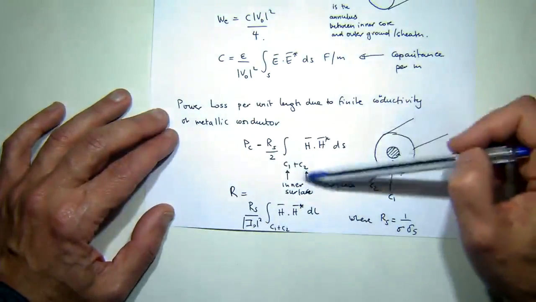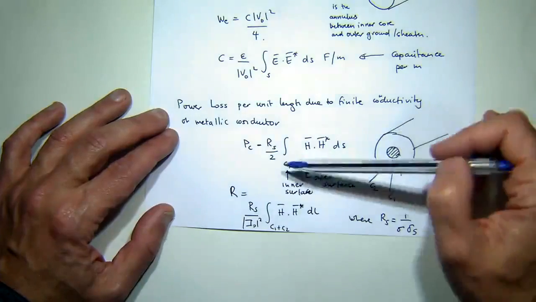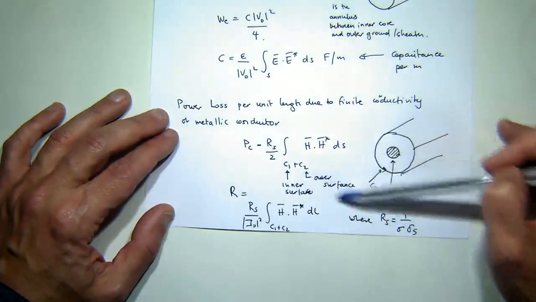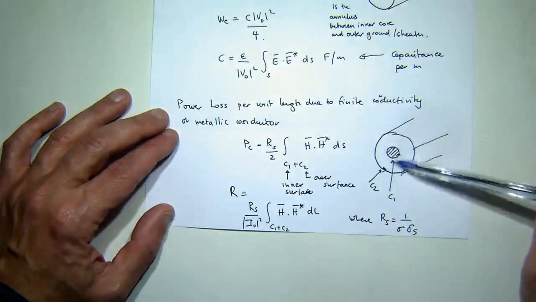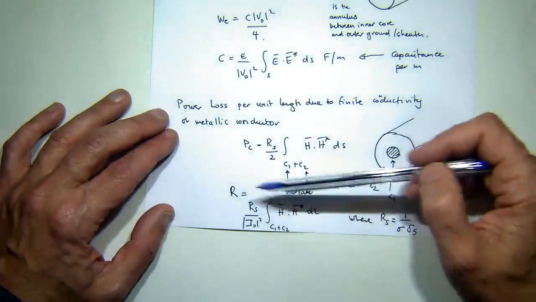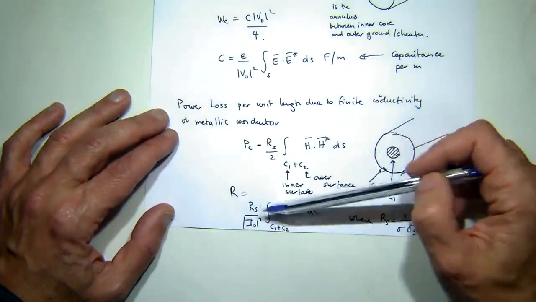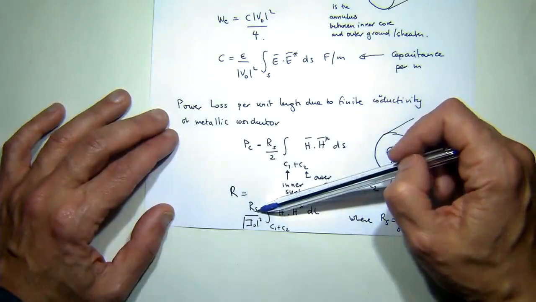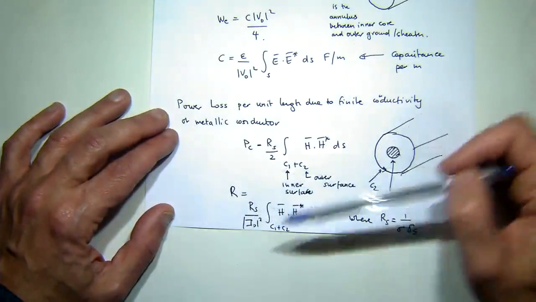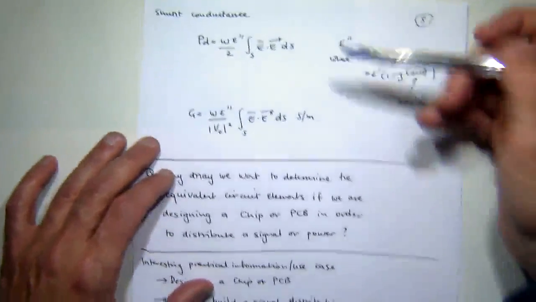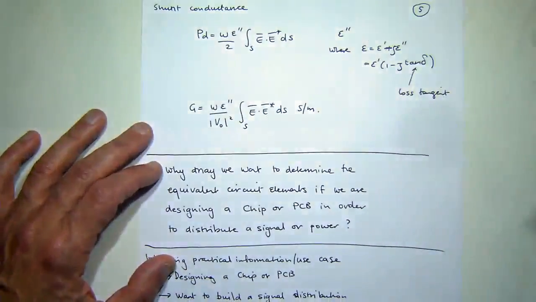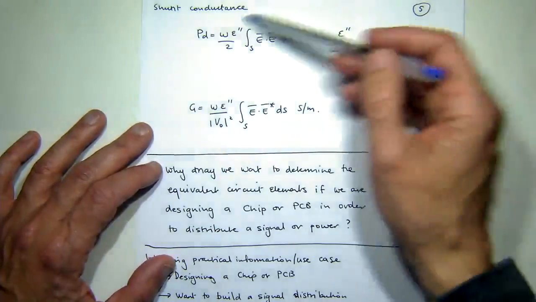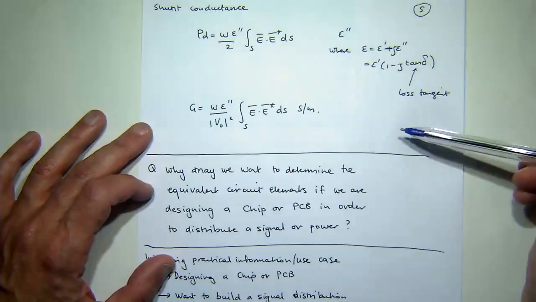Essentially, the loss is the integral over the inner and outer surface of these two contours. You can go through and work out that the resistance equals the skin resistance over the total current. And likewise, you can calculate the shunt conductance and work out what the relationship is.